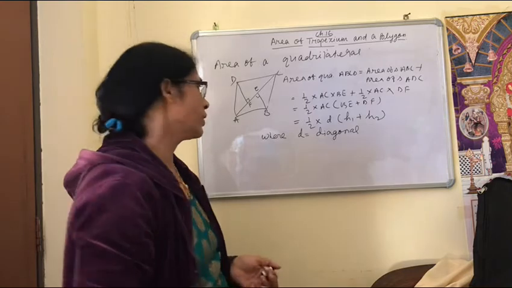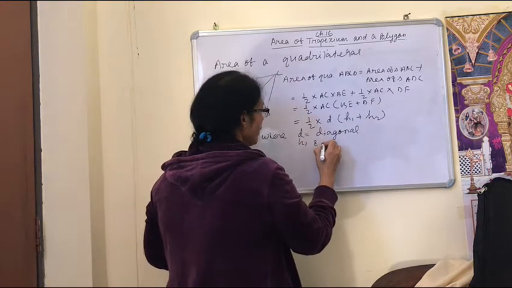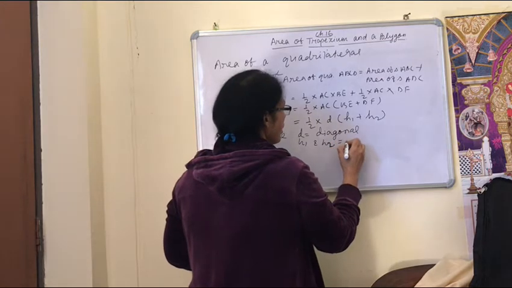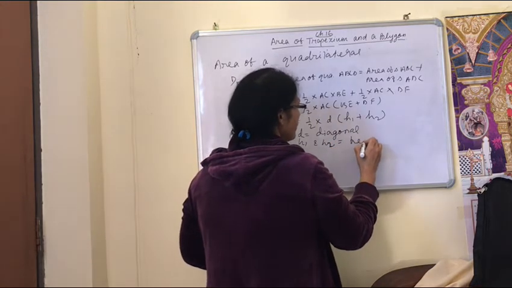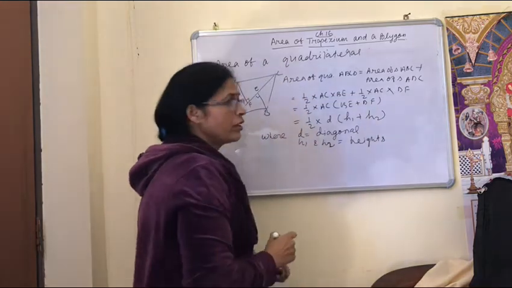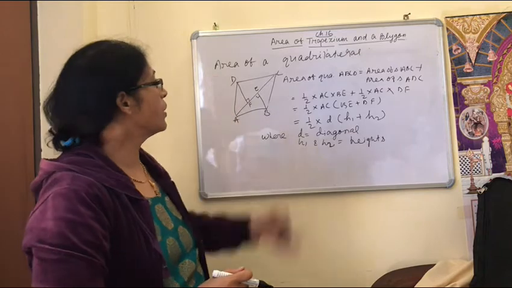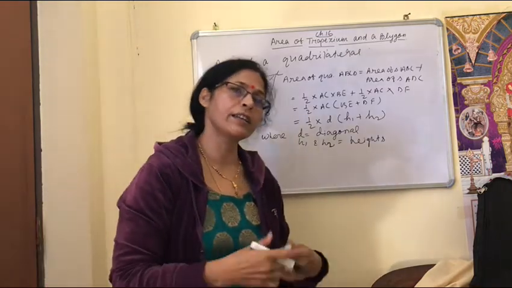Then H1 and H2 are the two heights of the triangles. This is the formula of area of a quadrilateral or area of polygon.